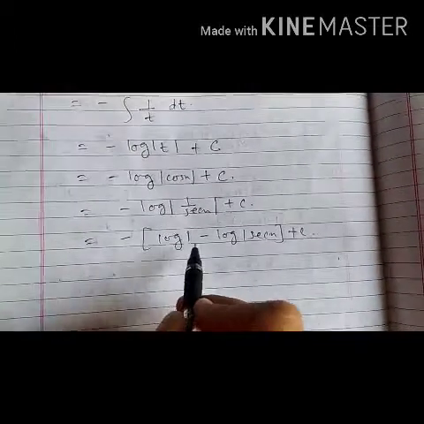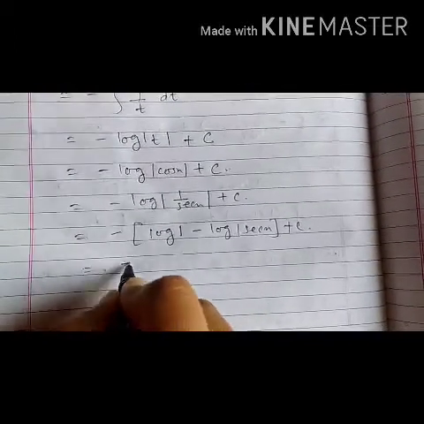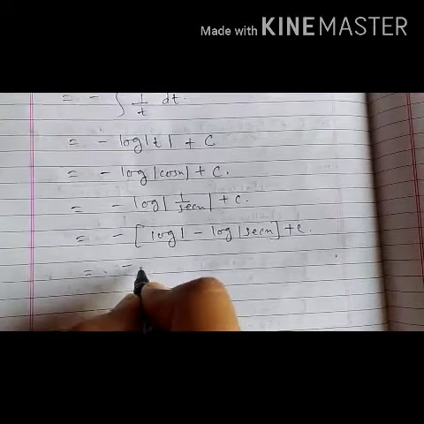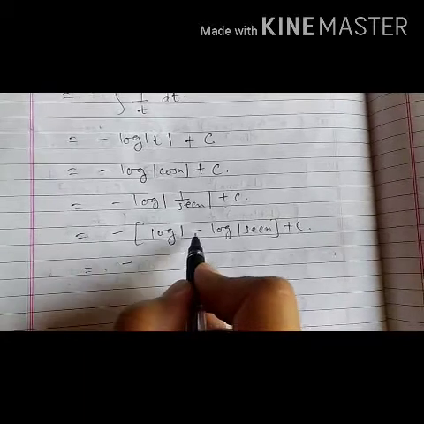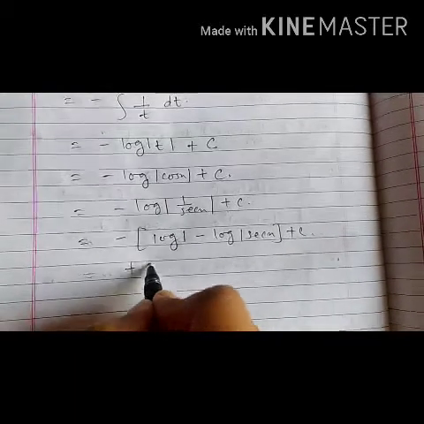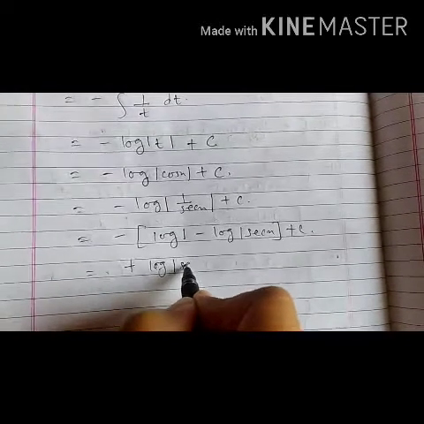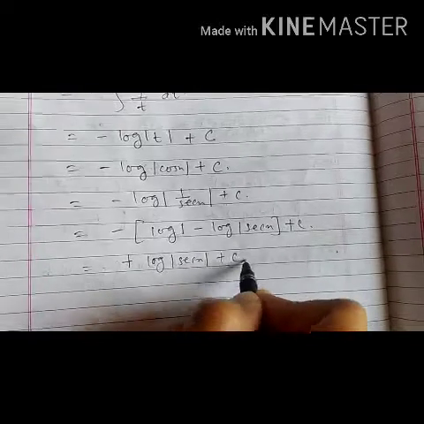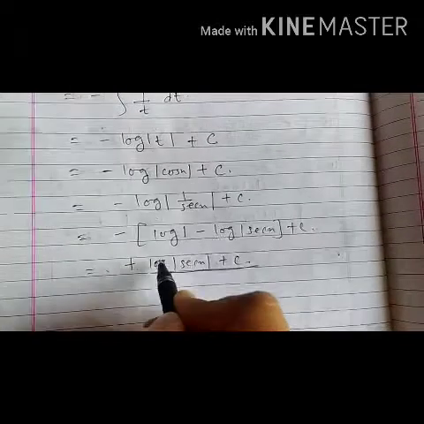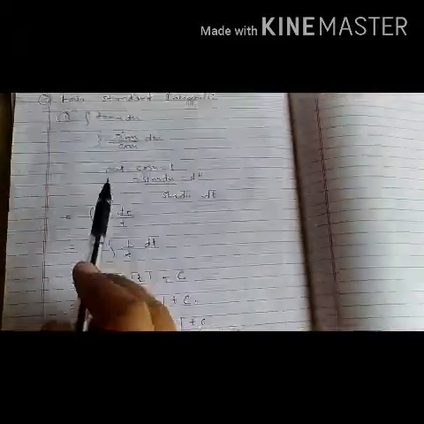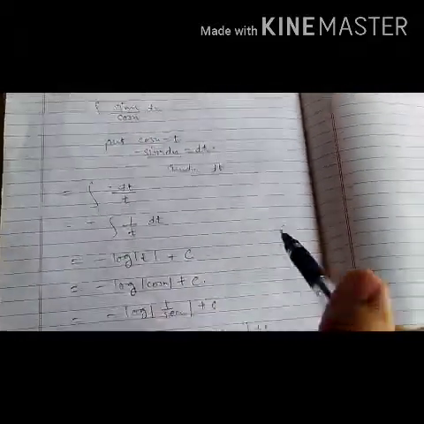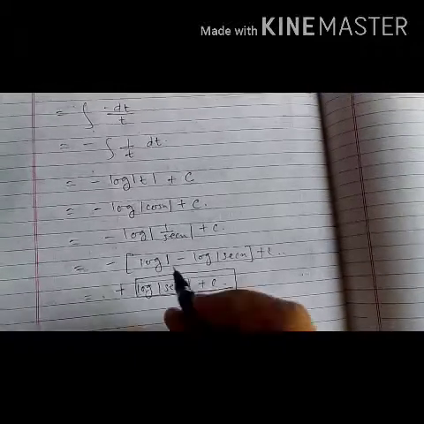Now log 1 is 0, so it will be plus log of mod of sec x plus constant of integration. Understood? So the integration of tan x dx is log of mod of sec x.